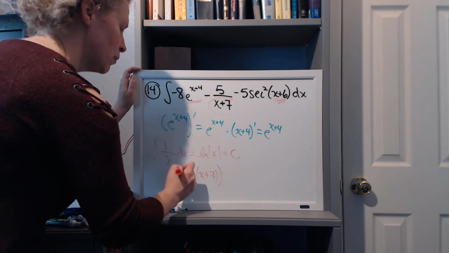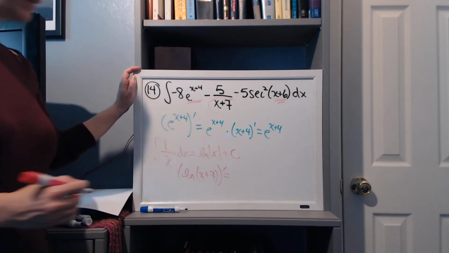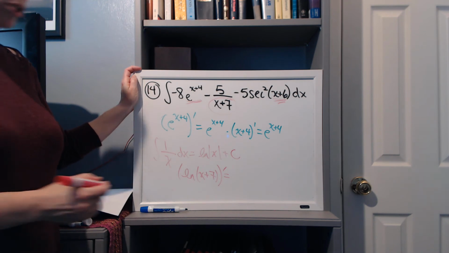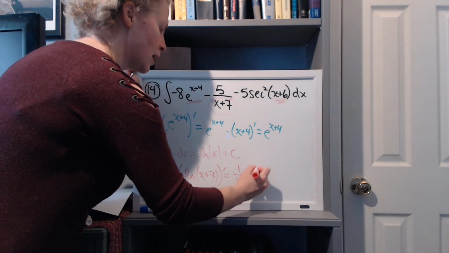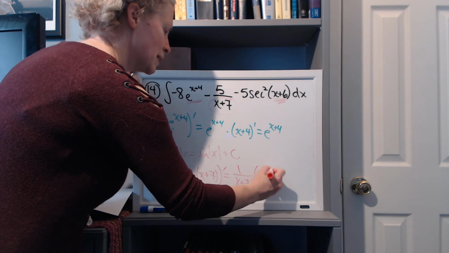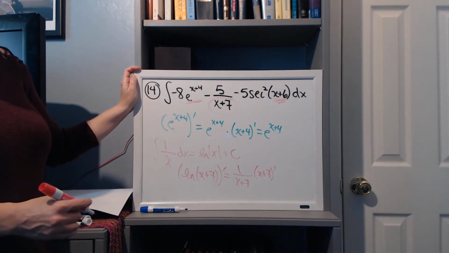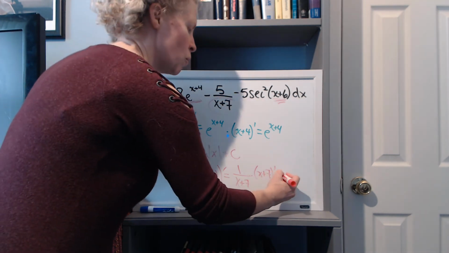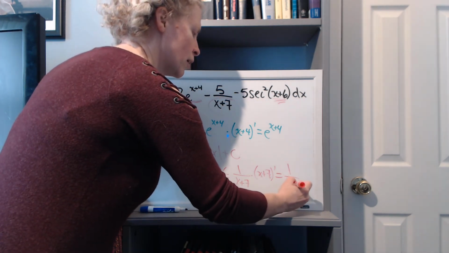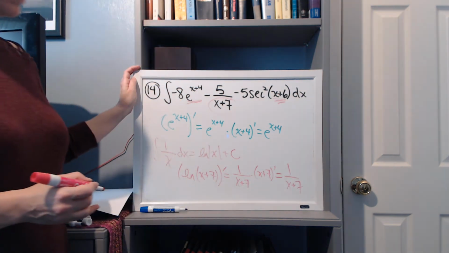Well, what do we get when we take the derivative of that? The derivative of a log function is 1 over the inside stuff times the derivative of the inside stuff. So we'd have 1 over x plus 7 times the derivative of x plus 7, which is 1. So that would give us 1 over x plus 7.